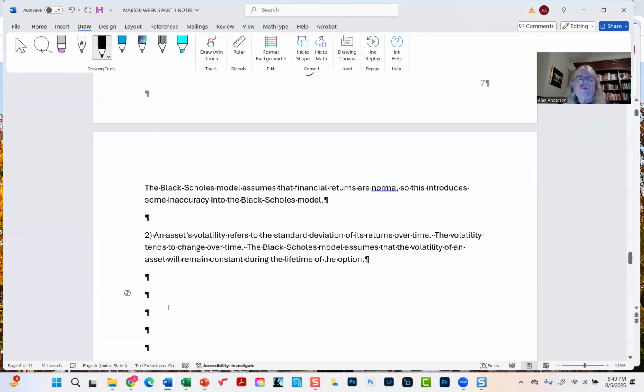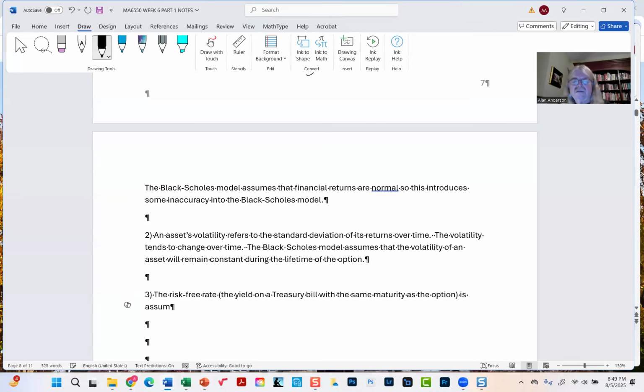Then we have number three, the risk-free rate, which is nothing but the yield with the same maturity as the option, is assumed to be constant during the life of the option. Now, that is not a terrible assumption.